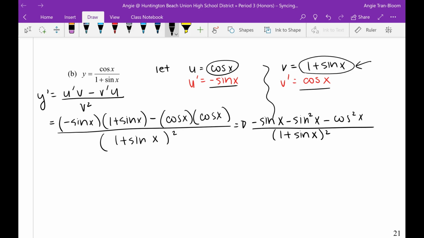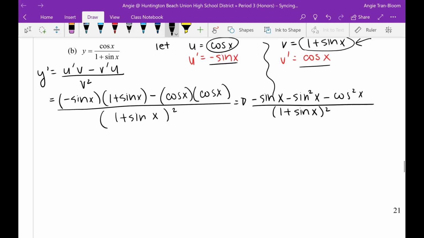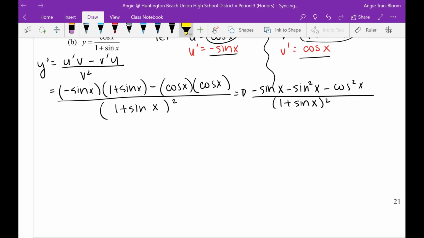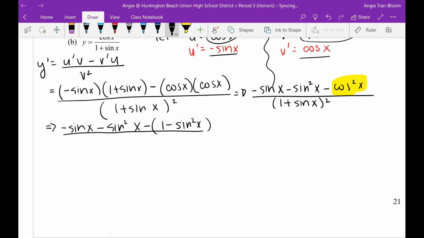My goal is to see if things can cancel. As you can see, on the top, I got a negative sine of x, a sine squared and a cosine squared. So let's try to convert this all into sine. I'm going to convert cosine squared into sine. So that's my next step. Negative sine of x minus sine squared of x minus, cosine squared is 1 minus sine squared of x, all over 1 plus sine of x, squared.